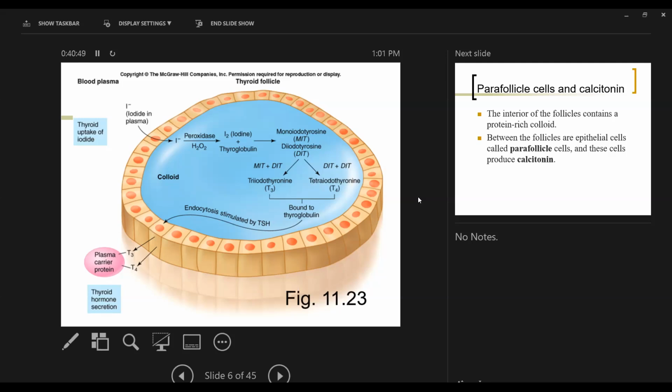And it does this by exchanging iodide for chloride, which is a nice even exchange because the chloride is also negatively charged.